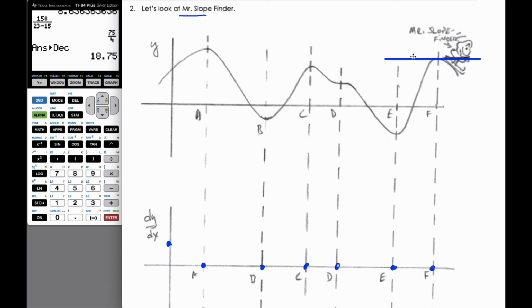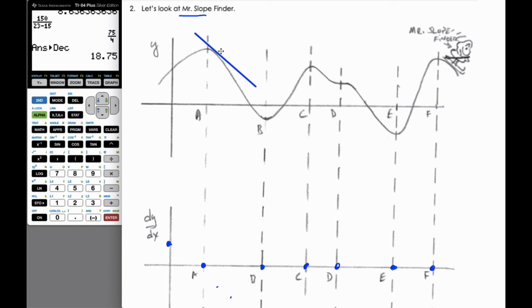And so now that is what happens on the other side. When I pull my line, I know it was positive here at first. It was a positive slope here. But then when I get to the right-hand side of A, I come over here, down over here, it is a negative slope. Okay, and so it's going to be negative, negative.